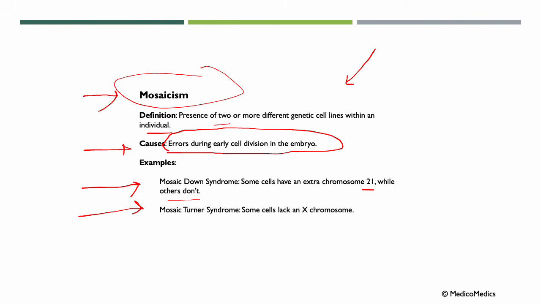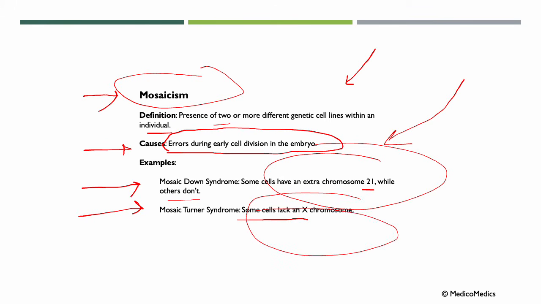Mosaic Turner syndrome: some cells lack an X chromosome and others don't. So essentially it's a hybrid form of having trisomy 21 or Turner syndrome. You have both quote-unquote healthy cells, and you have the presence of extra copies or missing copies in other cells.